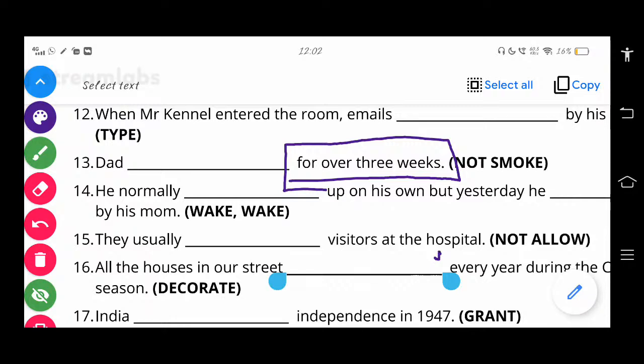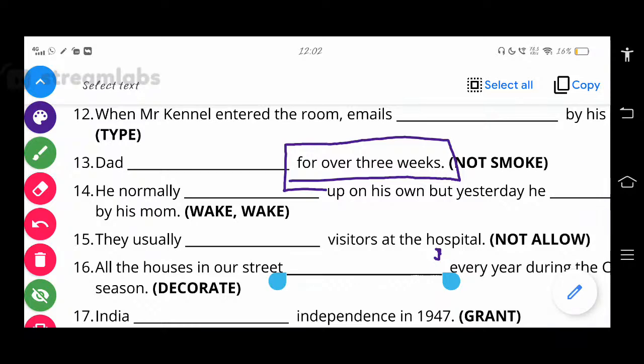So for over 3 weeks: if we have since and for, very next we have to think that action has to be considered as a present perfect continuous action. I already gave clues to you. Teja, tell me what is the correct answer for this?